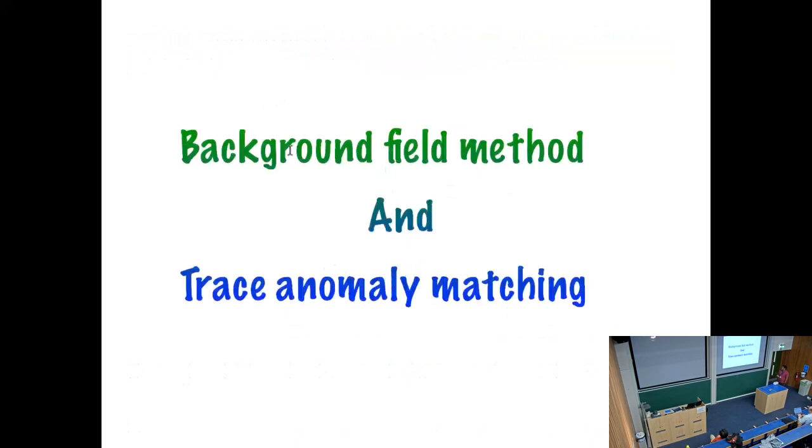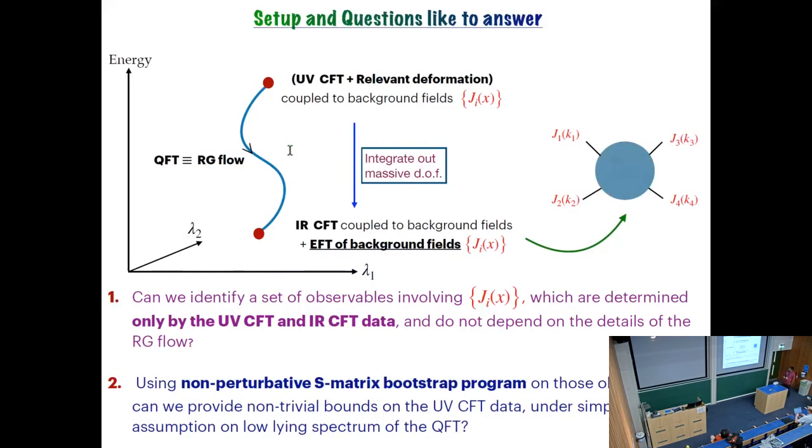Now I will study this setup by introducing a set of background fields, and see how the trace anomaly constrains the action of the background fields at low energy. We start with a UV conformal field theory, and let's consider the explicit symmetry breaking case.